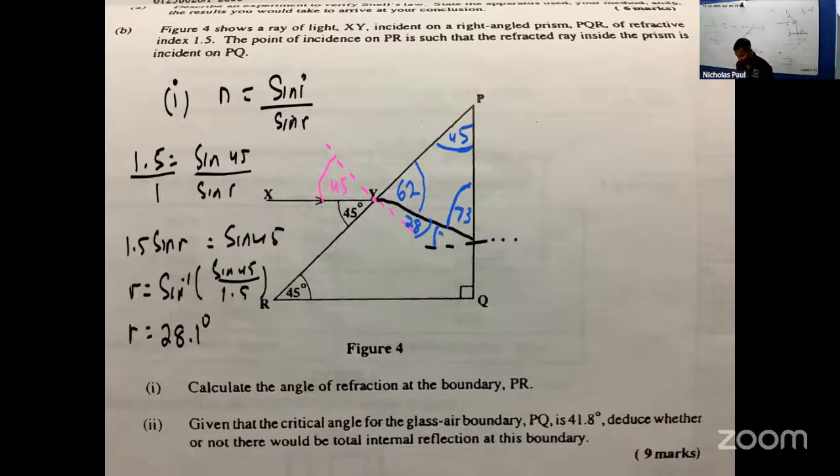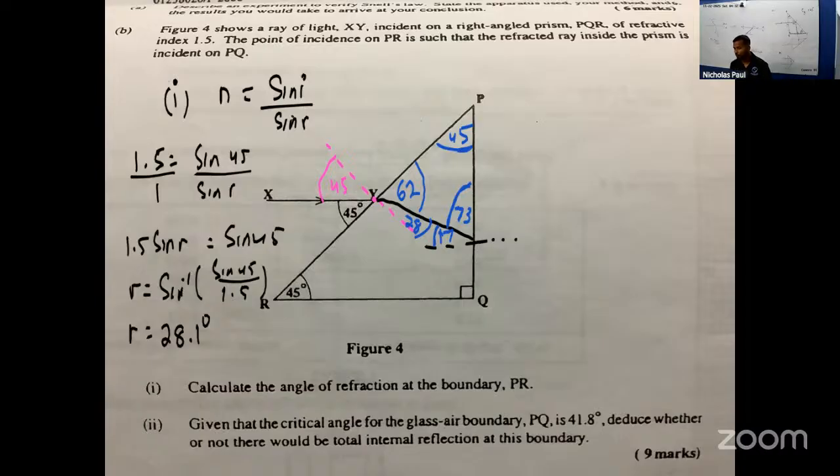Not 28. 17, right? And the angle there is 17, right? I made a little mistake. So the answer is 17, right?